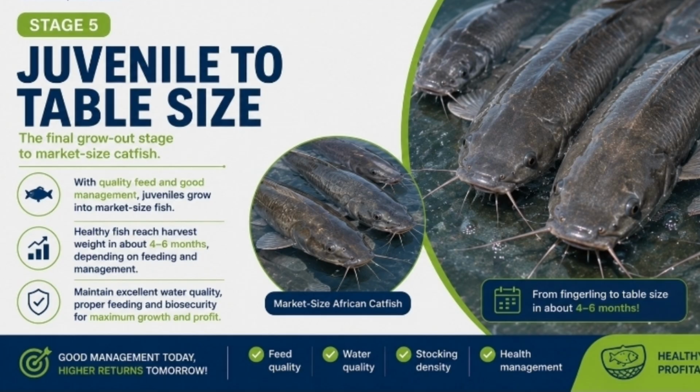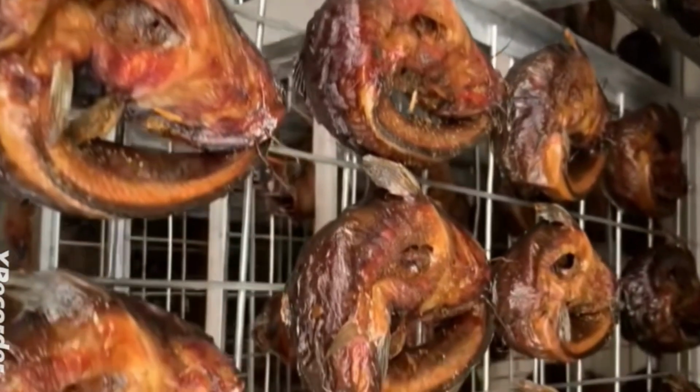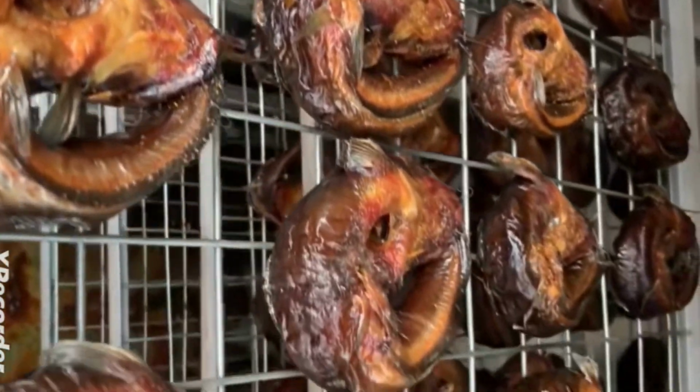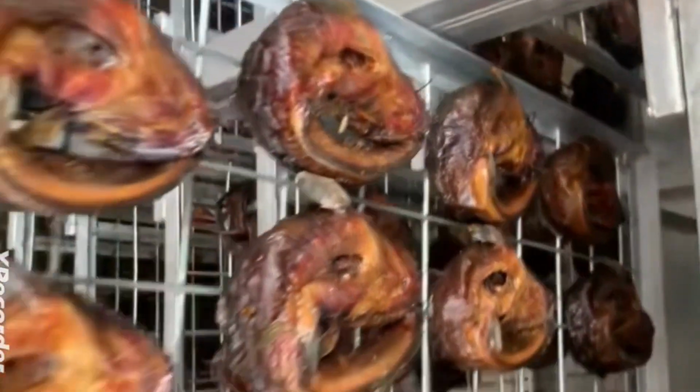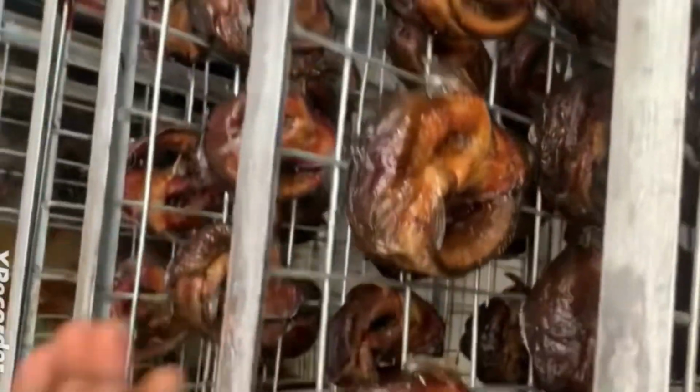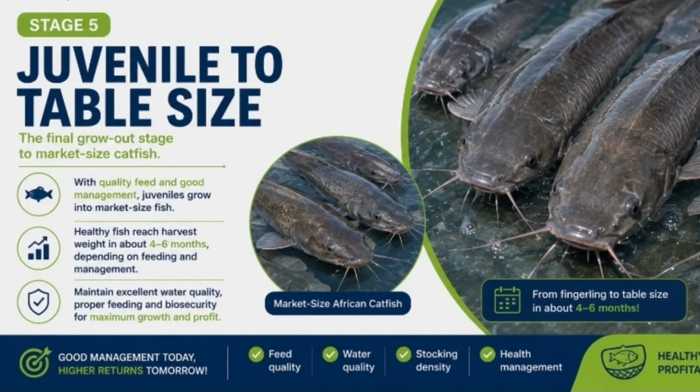Now at this stage, it is also still broken down based on what you want. Some farmers will decide to raise these fishes for say 3 to 4 months, where they call it the melange size. That's a small size of fish, although it's also a table size, but it's quite small, and you can process this particular size. Maybe you dry it, process it for consumption. Those small ones, at 3 months or 4 months thereabouts.